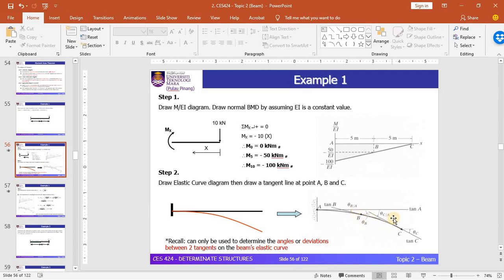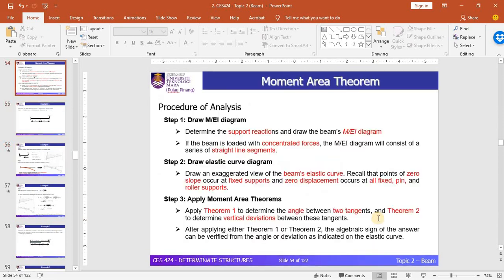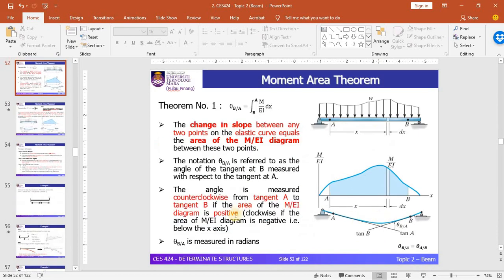For theta CA, the angle is drawn from A to C in a clockwise direction. This will give a negative value for the angle, since it is in a clockwise direction, as I explained in the previous lecture.